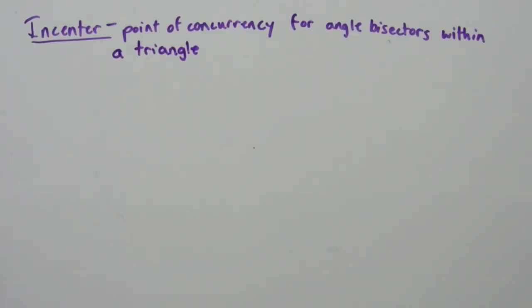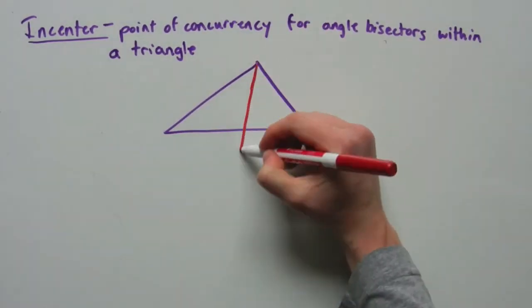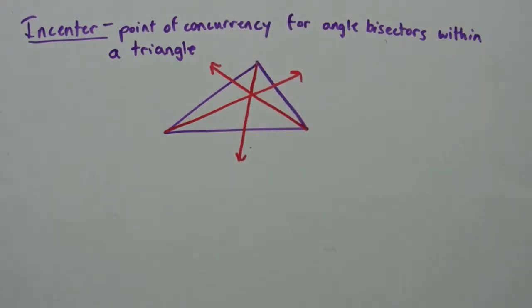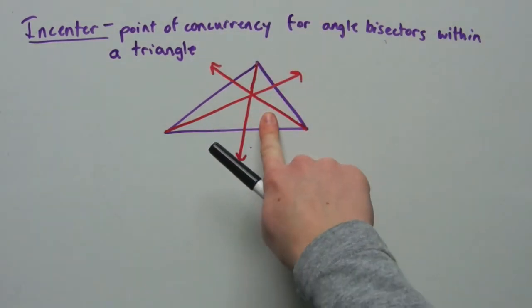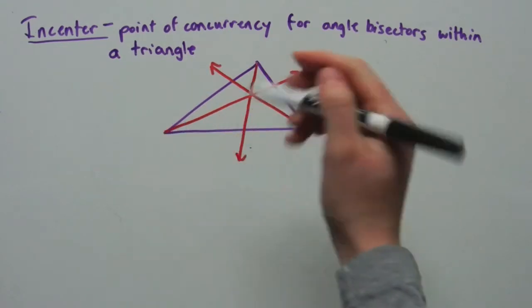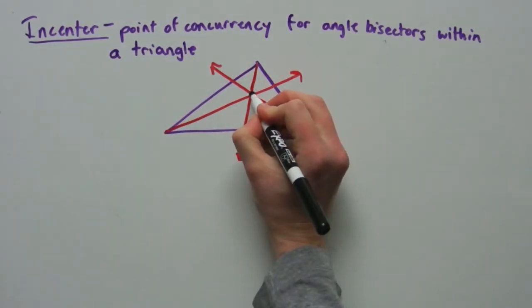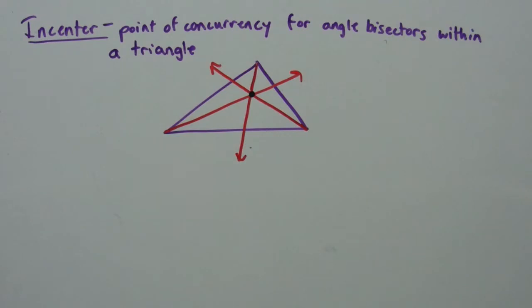So the incenter is the point of concurrency for angle bisectors within a triangle. In the triangle I've drawn here, the red lines are the angle bisectors, so this point is the incenter of the triangle.